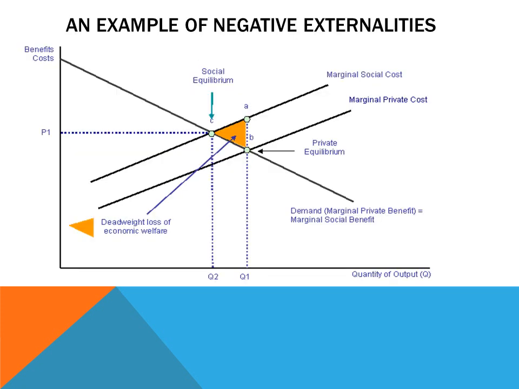Now let's take a look at a graphical example of negative externalities. Using our pollution example, assume that what is being produced in this market are units of electricity. In this case, there will be some external costs imposed on local residents. Normally the market relies on the supply curve and the demand curve, which represent marginal private cost and marginal private benefits.